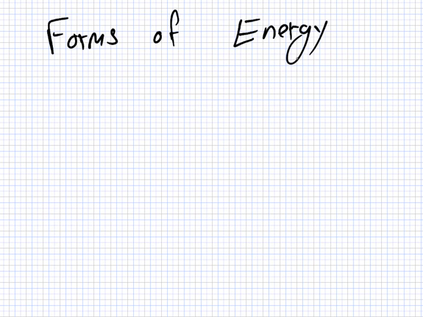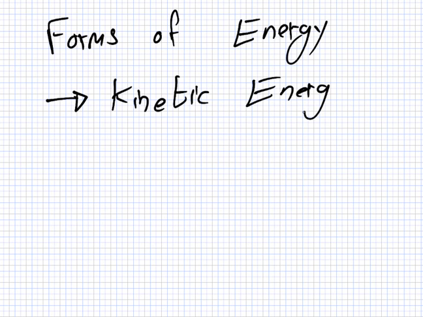Okay, so what we have now is there are many forms of energy. Food has energy in it, because you can eat food and this can let you do work. So there are many forms of energy, and we're going to look at 2 special forms today. The first one is called kinetic energy, or KE for short.